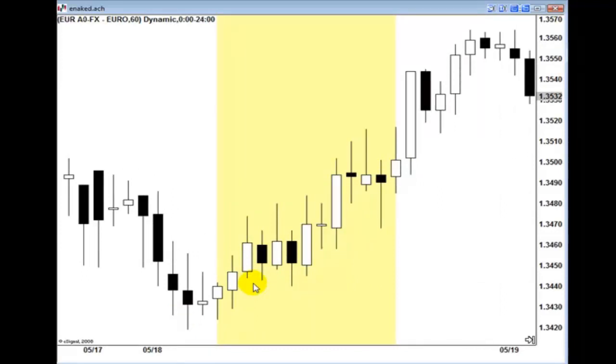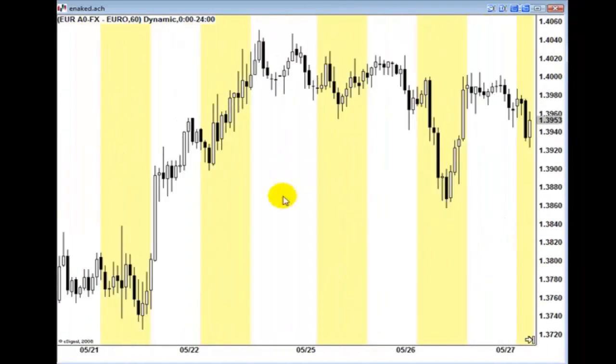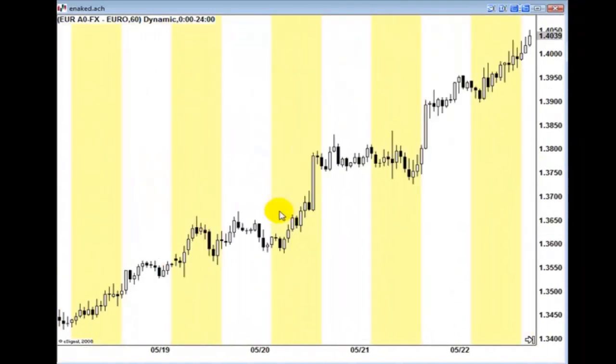All right, so that's covered the first type of candle pattern that I wanted to talk about. Let's just make some notes. So we've talked about spikes. Remember, that covers spike highs and spike lows.